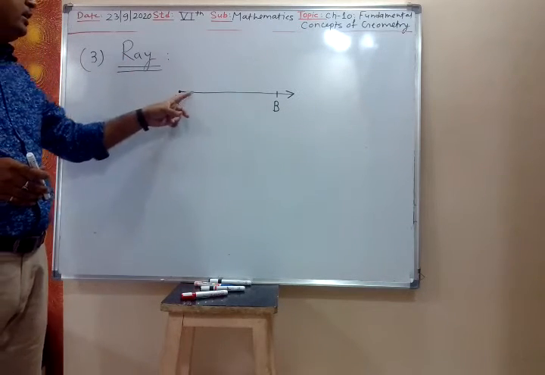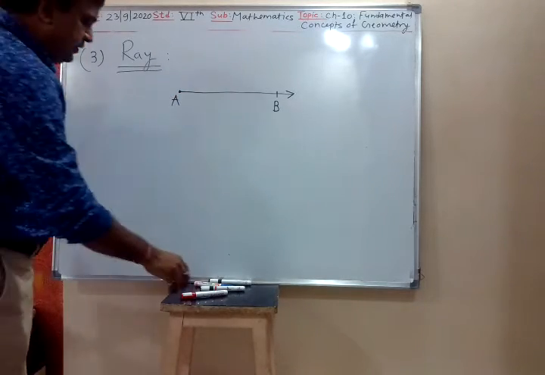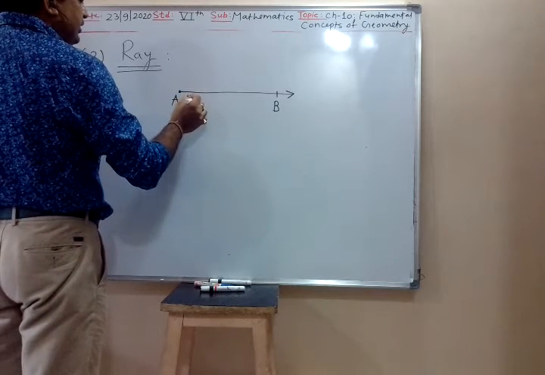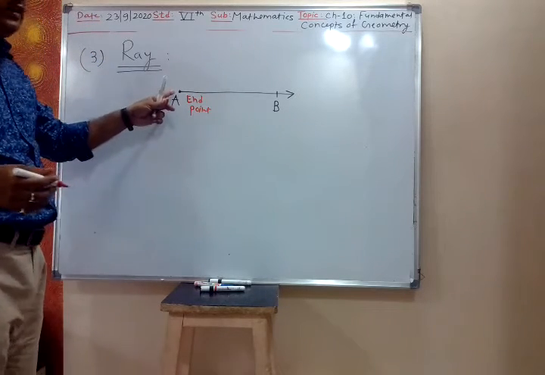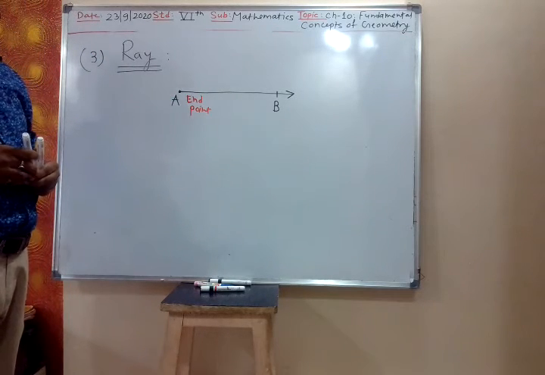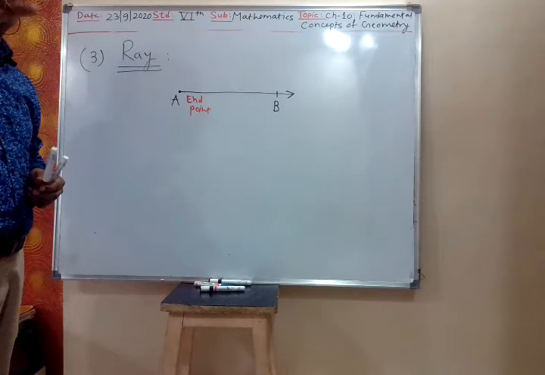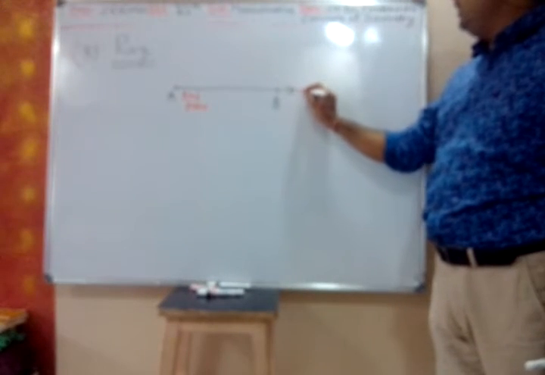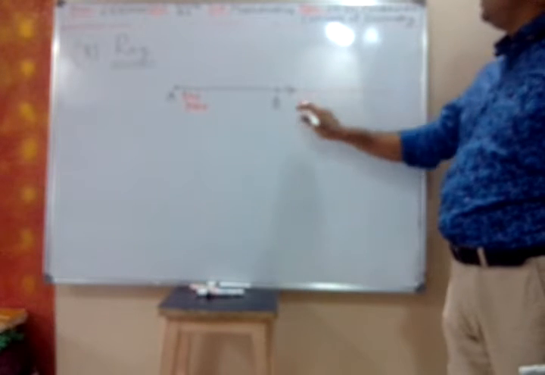This dot is the endpoint. Can I extend the ray from A? No. From which end can we extend? Wherever there is an arrow. So we write dash dash dash because there is an arrow at the B side.